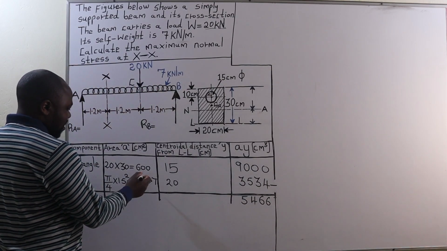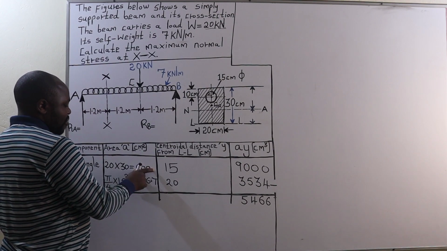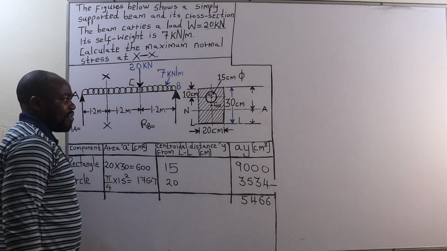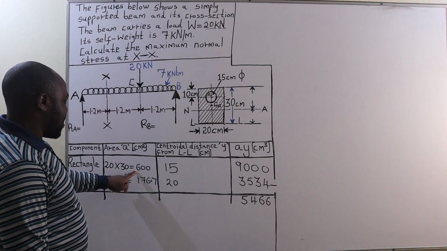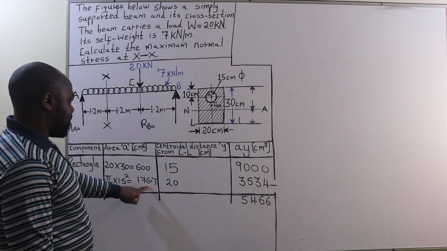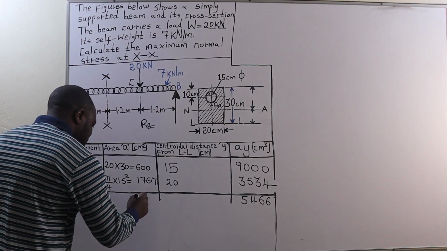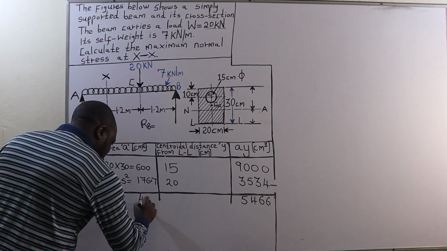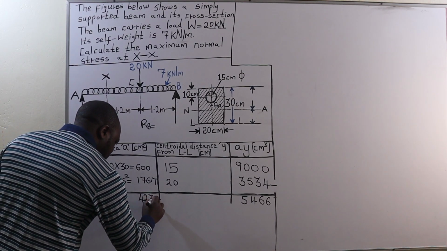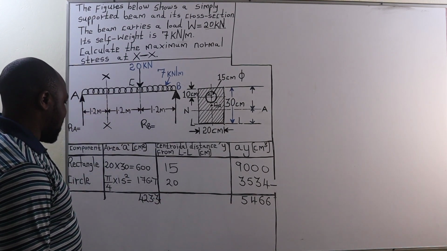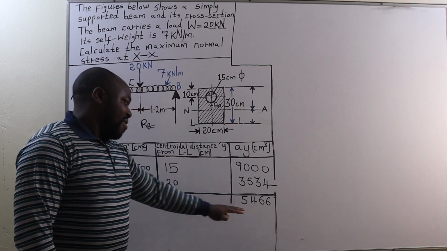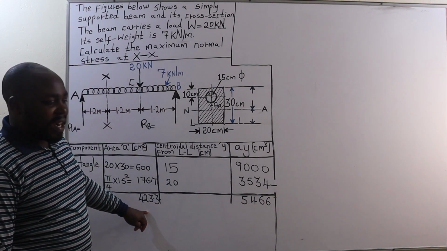On the other hand, we are also going to subtract the areas of these two components, and here we have 600 minus 176.7, that is going to be 423.3 square centimeters. Therefore, we have completed our table.